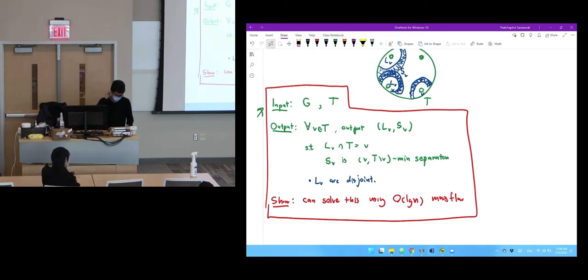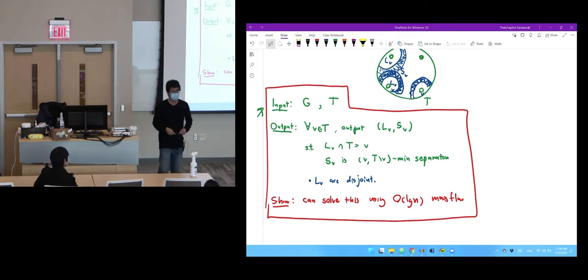Did we do something like treating all of them as a single terminal, so that we can separate them from other vertices?